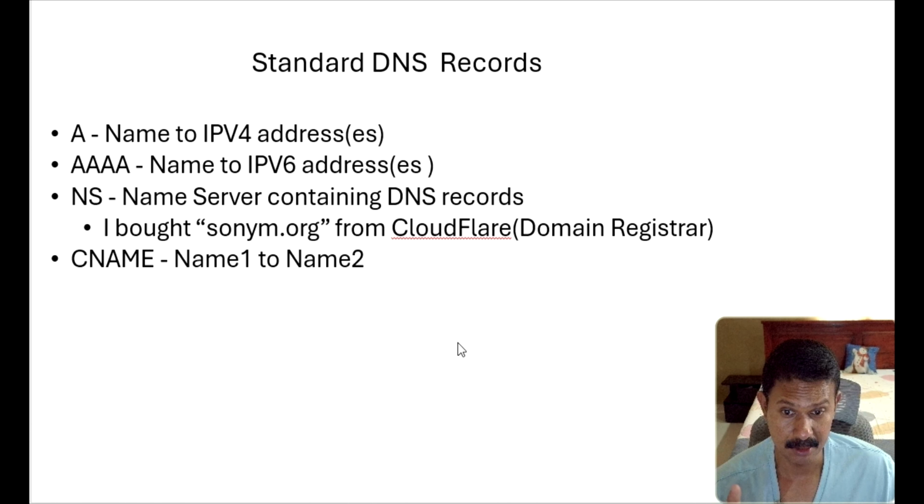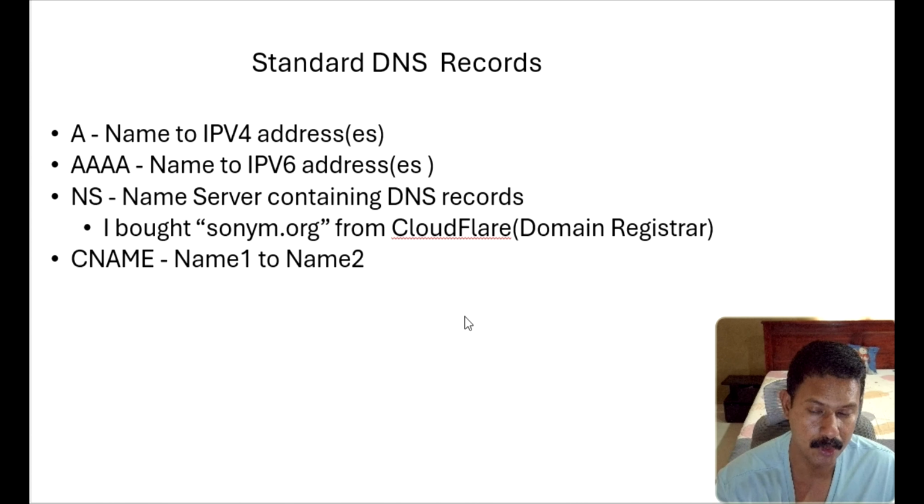A is a mapping of your domain name to your IPv4 address, and AAAA is the mapping of your domain name to your IPv6 address. NS stands for the name server, which contains your DNS record. So for example, I bought sonym.org from Cloudflare, which is the domain registrar in this case. And CNAME essentially is a mapping from one name to the other.